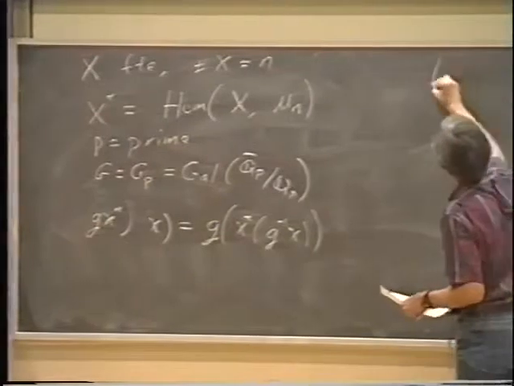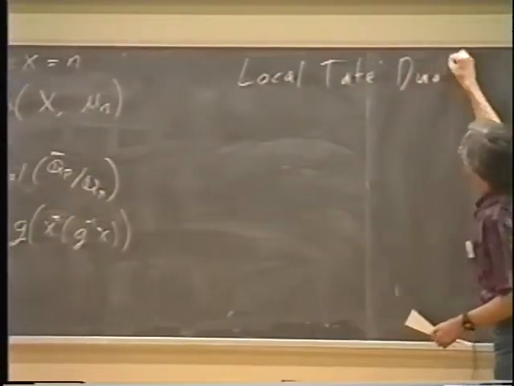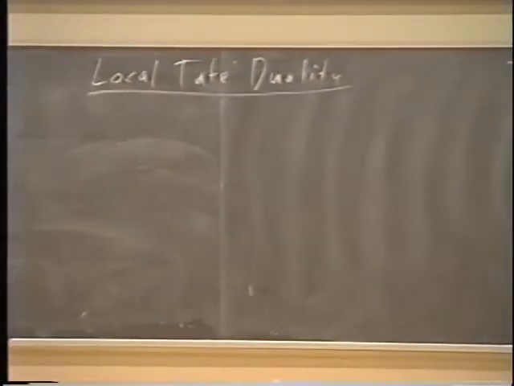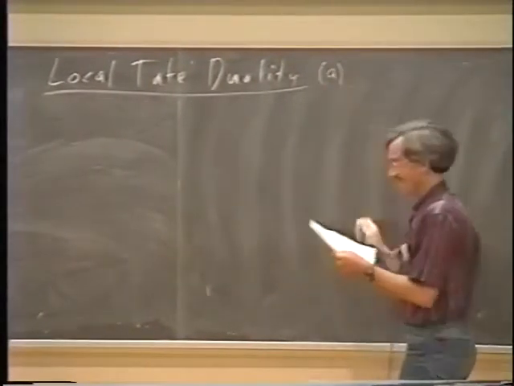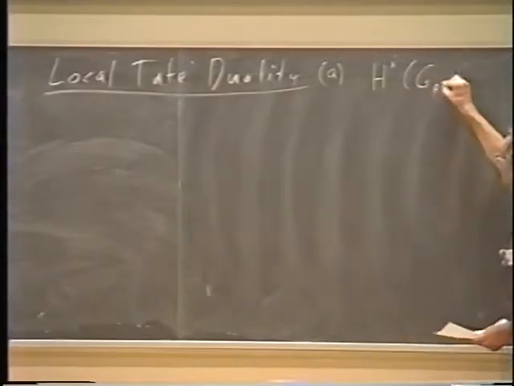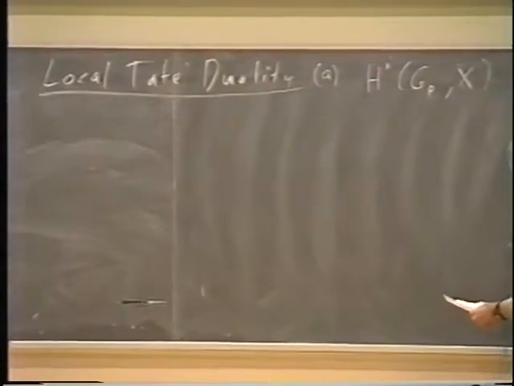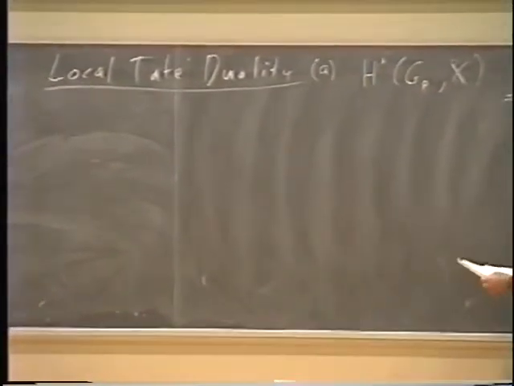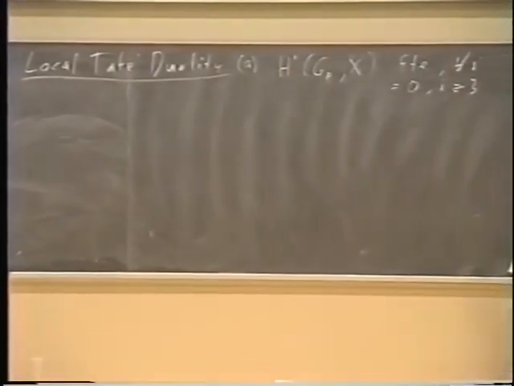So now we can state local Tate duality. This is a theorem proved by Tate in the early 60s, back when he was still local. So we have the groups H^i(G, X) are finite for all i, and they're actually equal to 0 for i greater than or equal to 3, which is one reason I've been ignoring H3s and above.